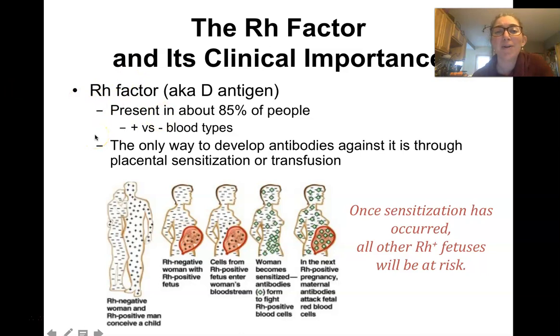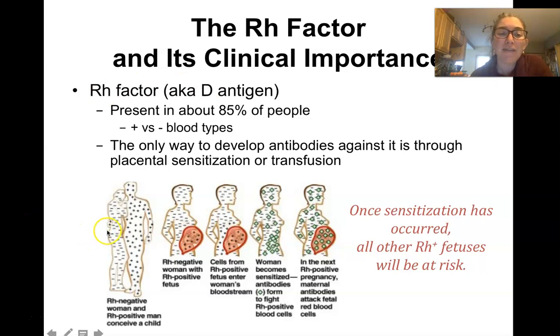So most people, when you have a blood type, A positive, O negative, the positive or negative part is referring to whether or not you have this D antigen. And most people do. Most blood types fall in the positive category. A positive, B positive, AB positive, and O positive make up about 85% of the population. So negative blood types are in the minority.